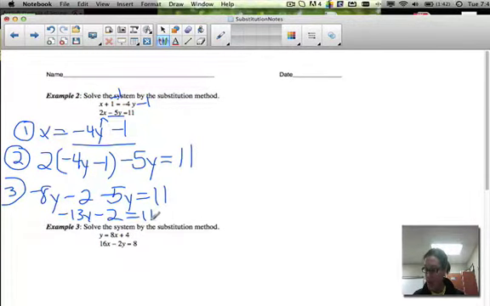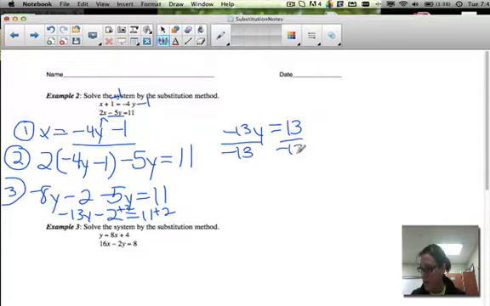Negative 13y minus 2 equals 11. Add 2 to both sides to solve. So I have negative 13y equals 13. Divide by negative 13. Y equals negative 1. Step 4 says substitute that answer into the variable from the first equation, from step 1.